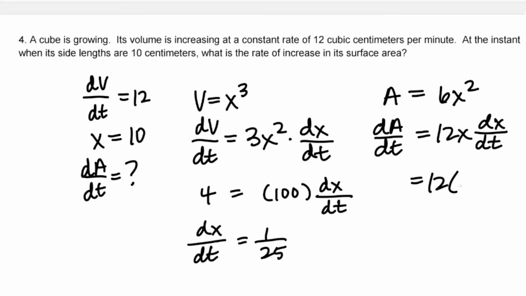So 12x was 10, dx/dt was 1 over 25. So, well, the 25 has a factor of 5, and so does the 10. So let's say that's 10 over 25, which is the same as 2 over 5. So it's going to be 24 over 5.